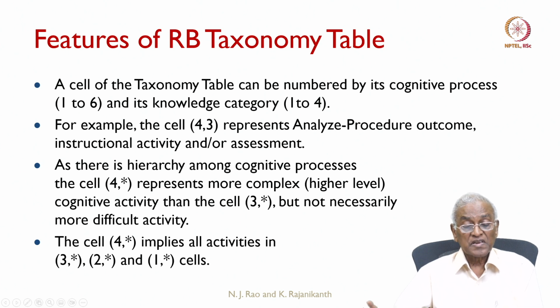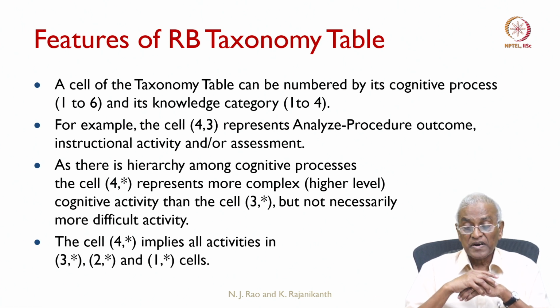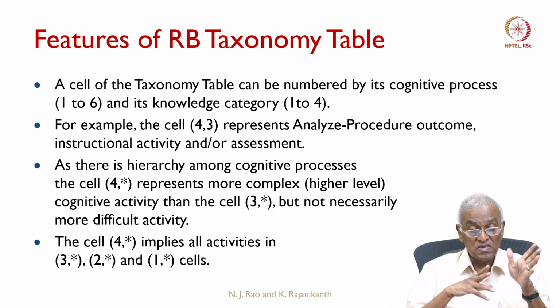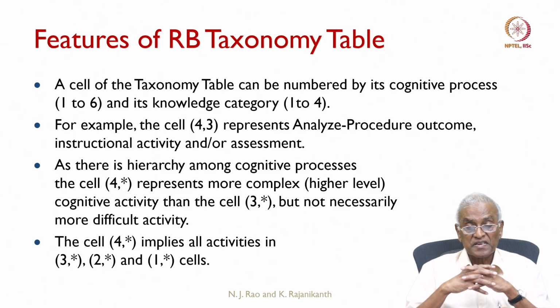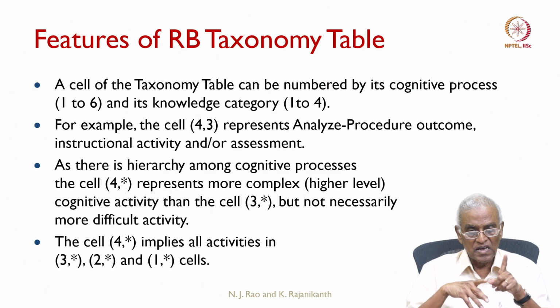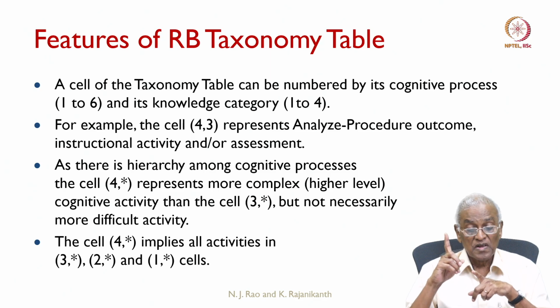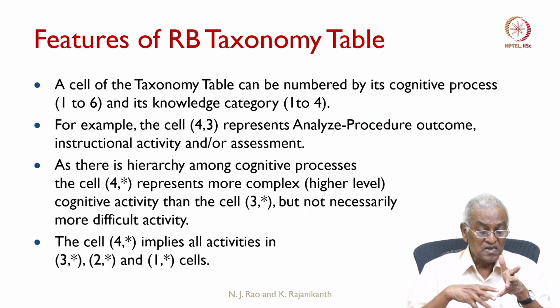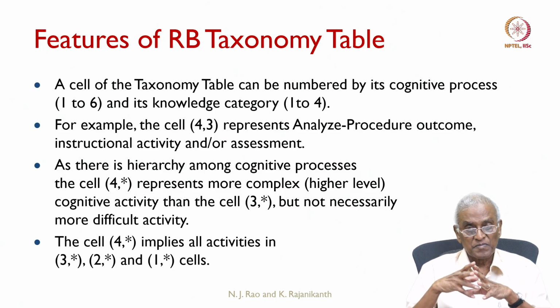Now, a cell of the taxonomy table can be numbered by its cognitive process 1 to 6 and its knowledge category 1 to 4. So the cell 4, 3 represents 4 is analyze, 3 is procedural. So it represents analyze procedural, either an outcome or instructional activity or assessment. That's how we number them.